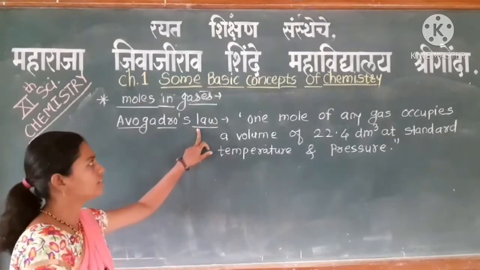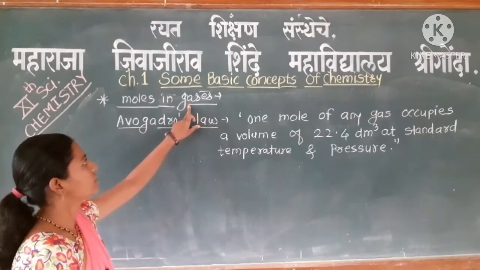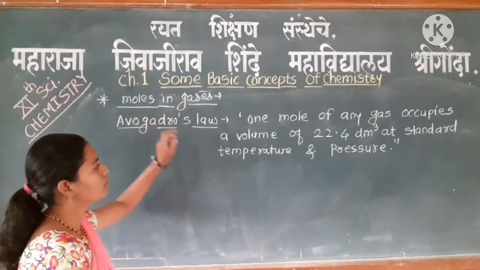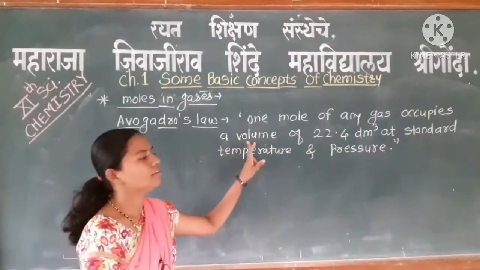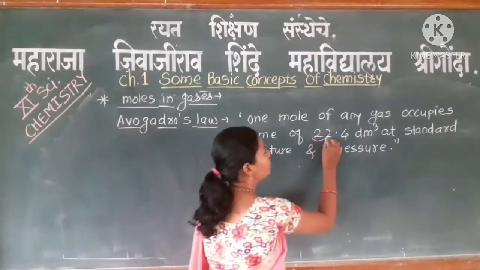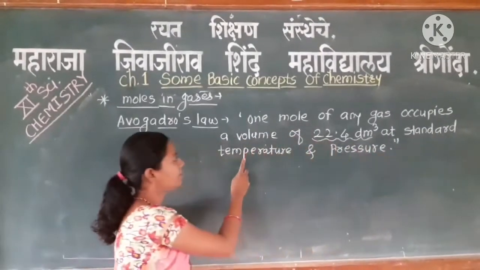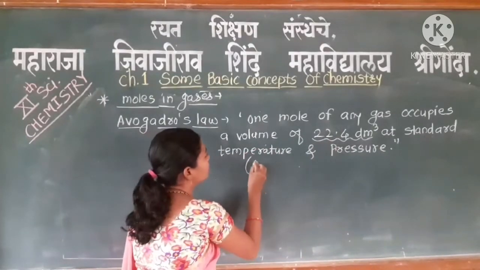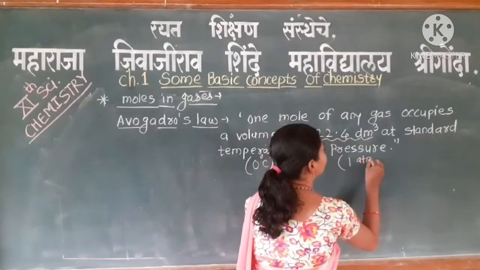Avogadro states the law for gaseous molecules or gases to find out the number of moles, that is, 1 mole of any gas occupies a volume of 22.4 decimeter cube at standard temperature, that is 0 degree Celsius, and pressure of 1 atmosphere.